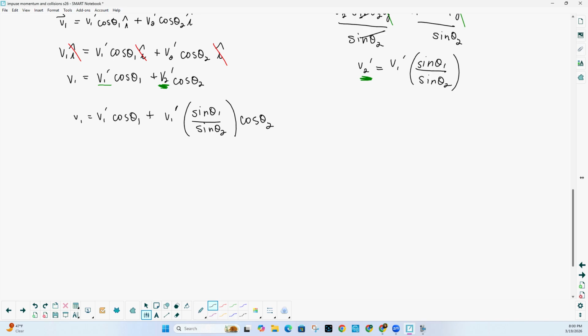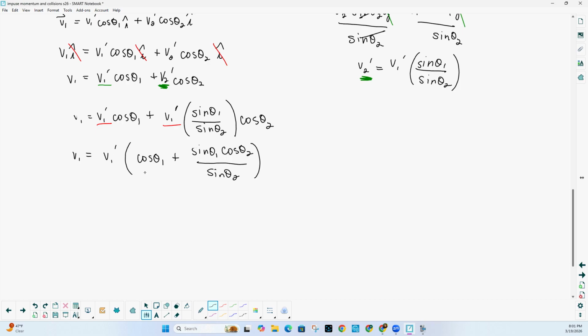Or it could be sine theta 1 times cotangent theta 2. That's also correct. I'm just going to leave it as is. Okay, so notice here, v1 prime, v1 prime. I can factor that out. So now I have v1 is equal to v1 prime times cosine theta 1 plus sine theta 1 cosine theta 2 over sine theta 2.